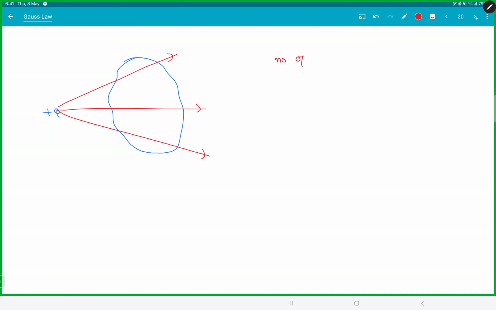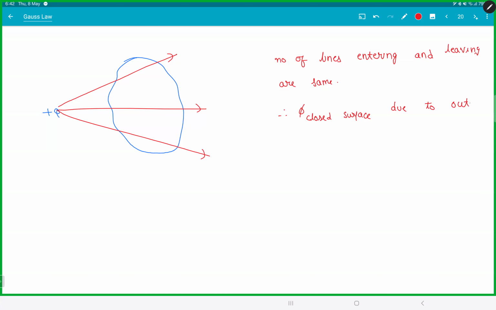We can see the number of lines entering and leaving are the same. So entering, you're going inside. Leaving, you're going from inside to outside. Number of lines entering and leaving are the same. Therefore, flux on a closed surface due to outside charges is zero.